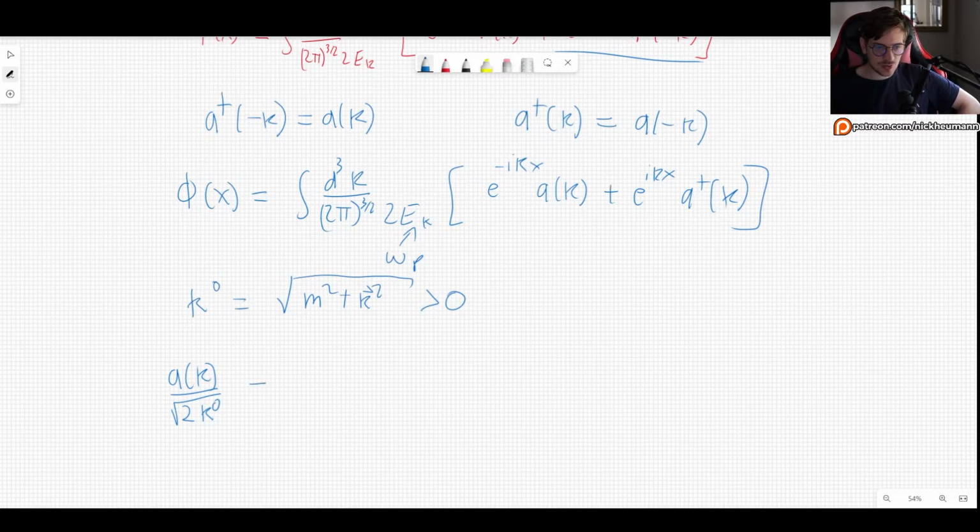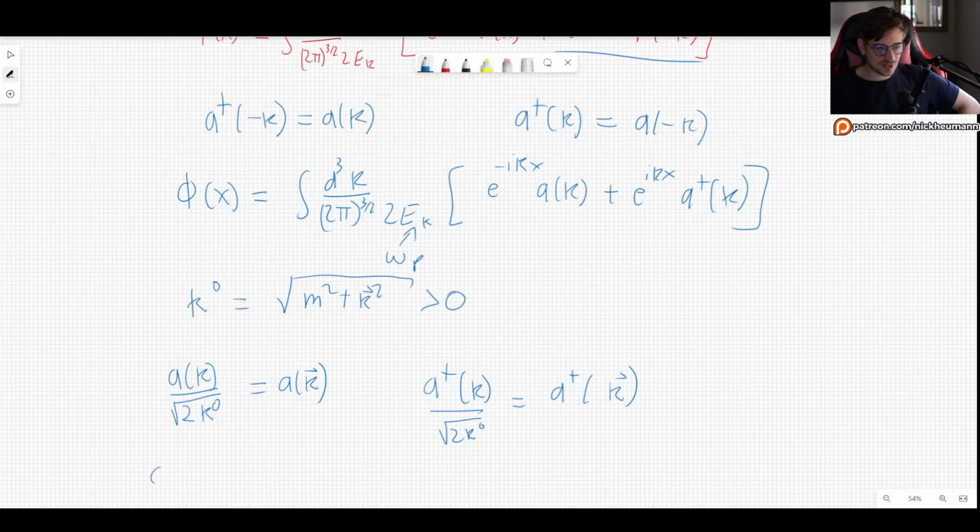We are just using a convention so that we end up with the same notation as other books. And this is going to be now a of k vector, right? So now we are going to write that this depends only on k vector. And the same thing applies for the dagger version. So the 4 vector divided by the square root of 2k0 is going to be the a dagger of k vector.